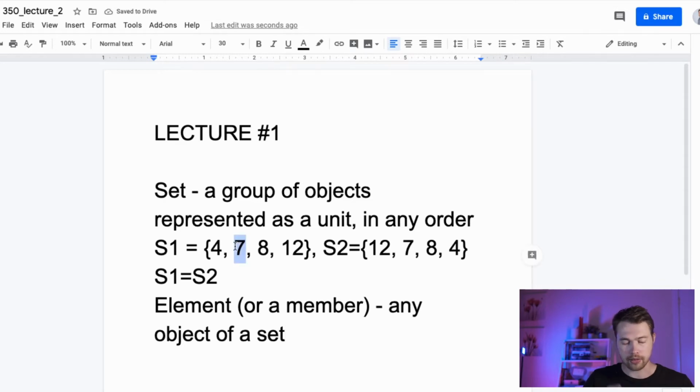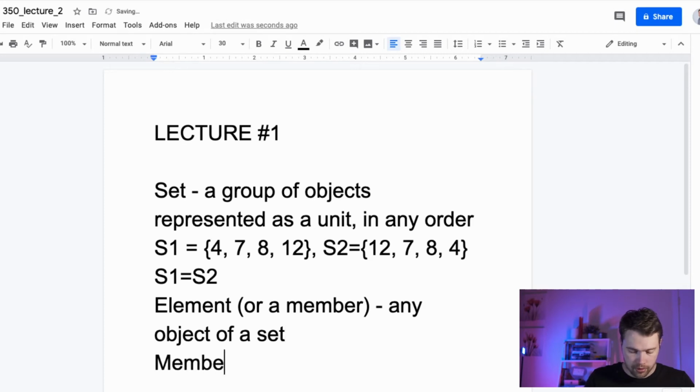One of the elements of the set S1 would be 7. 12 would be another element. 8 would be another element of S1. Okay, so it's kind of similar to an array. An array would be a set of numbers, and each one of the elements would be an element of that array.